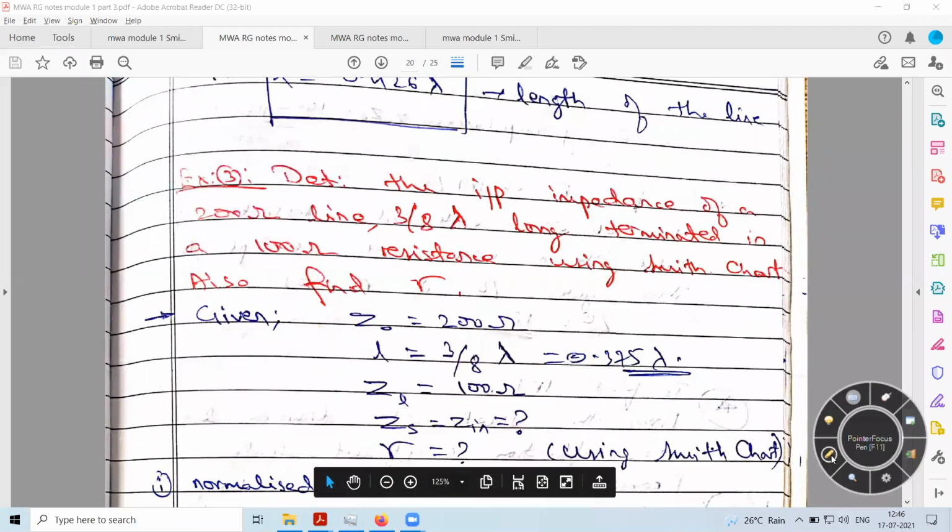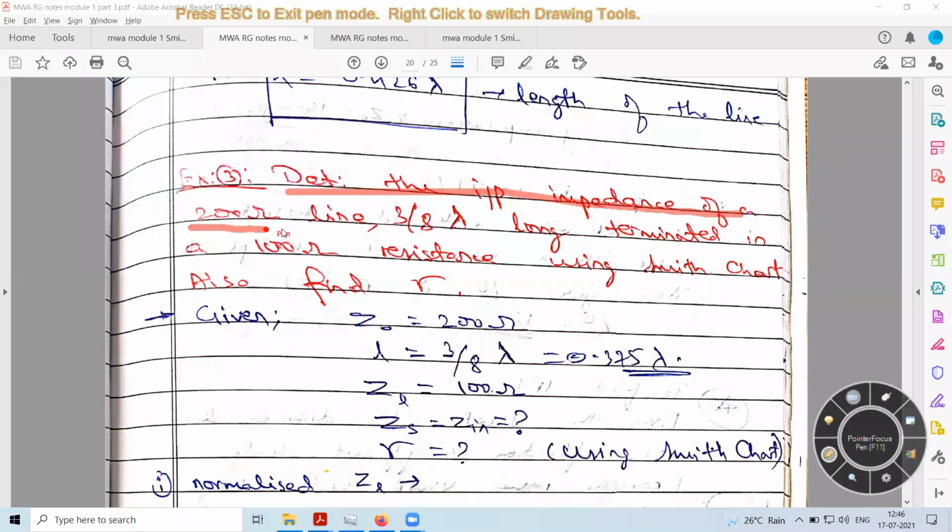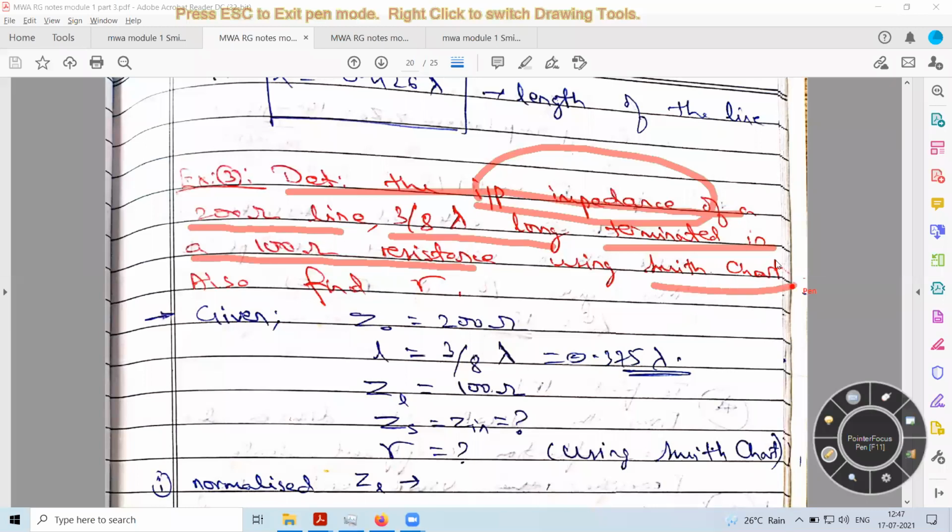Next, in the same problem, we look at this: determine the input impedance of a 200 ohm line, 3 by 8 lambda long, terminated by a 100 ohm resistance. I need to determine the input impedance using the Smith chart.